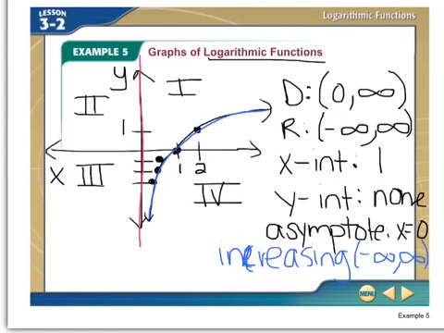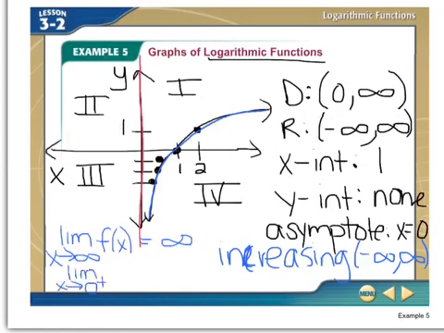Our end behavior here is, the limit as x approaches infinity for the function is going to be infinity. Our other end behavior is the limit as x approaches 0 from the right side, because you can't approach 0 from the left side since there is no part of the graph in quadrants 2 and 3.